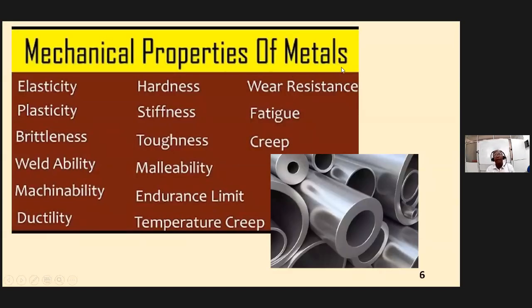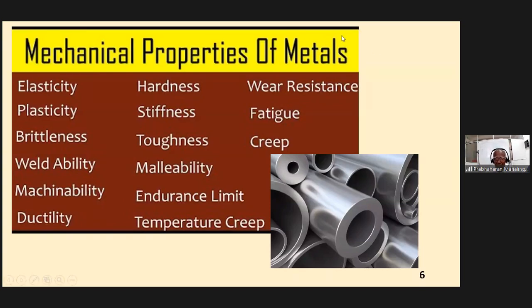Mechanical properties of metal. Now we come to the point of metal. Material includes plastic, wood, and then metals. But here I mentioned the mechanical properties of metal.